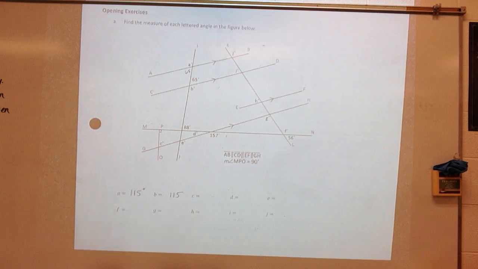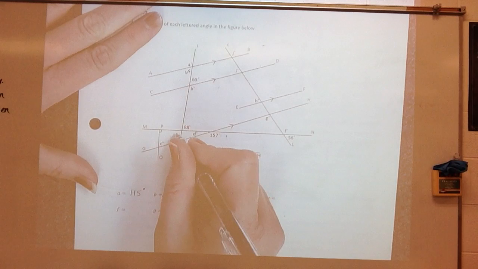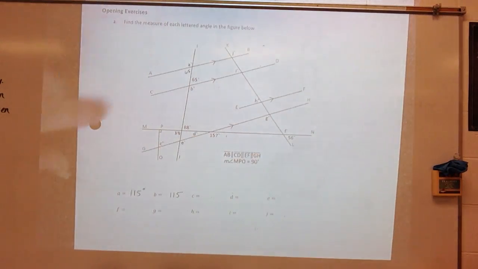So how might I go about figuring out what the measure of angle C is? Well, I know this is 88. What else might I be able to use? Any thoughts? I don't have a triangle here.